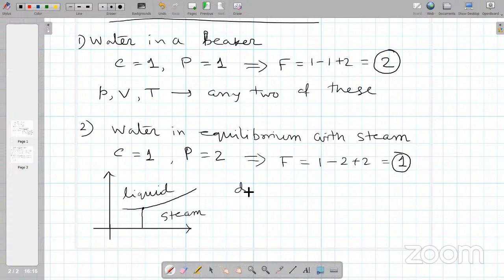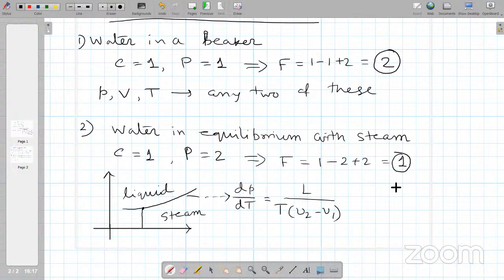That itself follows the Clapeyron equation, dP/dT is equal to L by T times (V2 minus V1). This line is a solution of this particular equation. Although sometimes we cannot integrate it, in reality this line is a solution to this equation, which defines the locus of this phase equilibrium point.